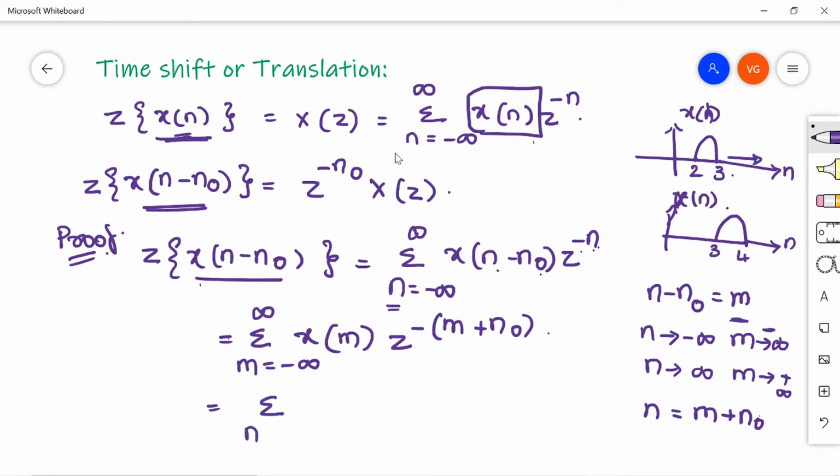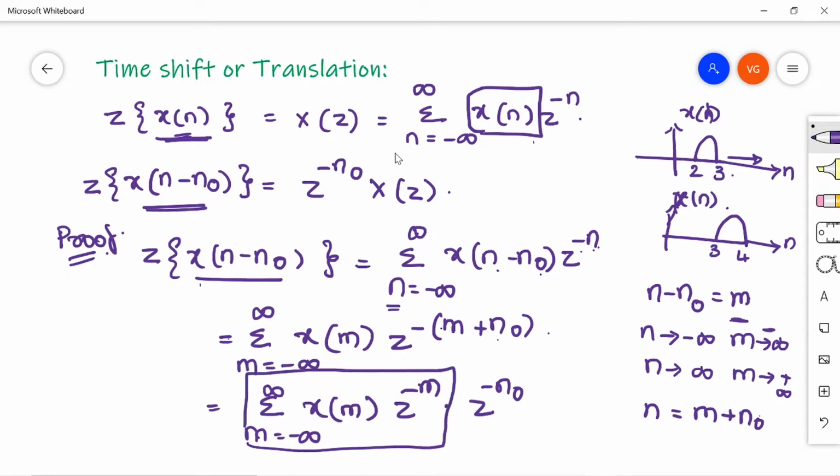So write it: sigma, m running from minus infinity to infinity, x of m z power minus m multiplied by z power minus n naught. I am just splitting this one. See here, this is nothing but your Z transform definition. Instead of n, I have m. The z power minus n naught is constant. That's it, right? So this is nothing but X of z. So this is equal to z power minus n naught times X of z. Right? So this is proved.